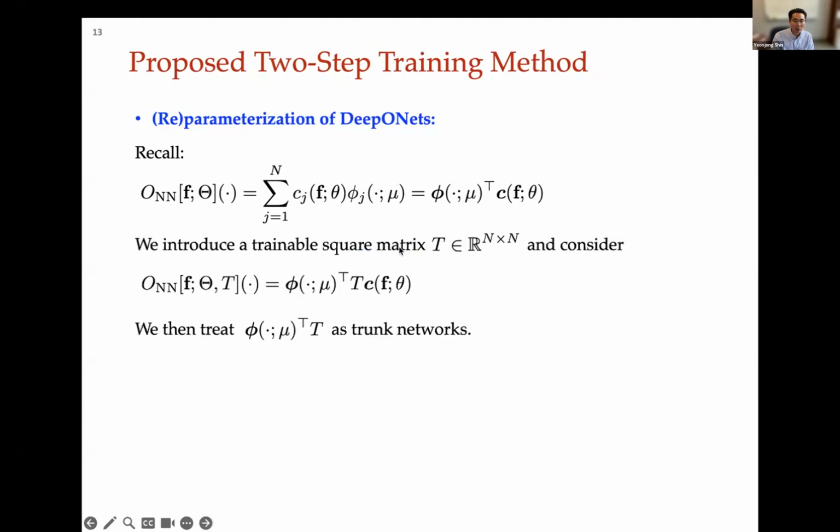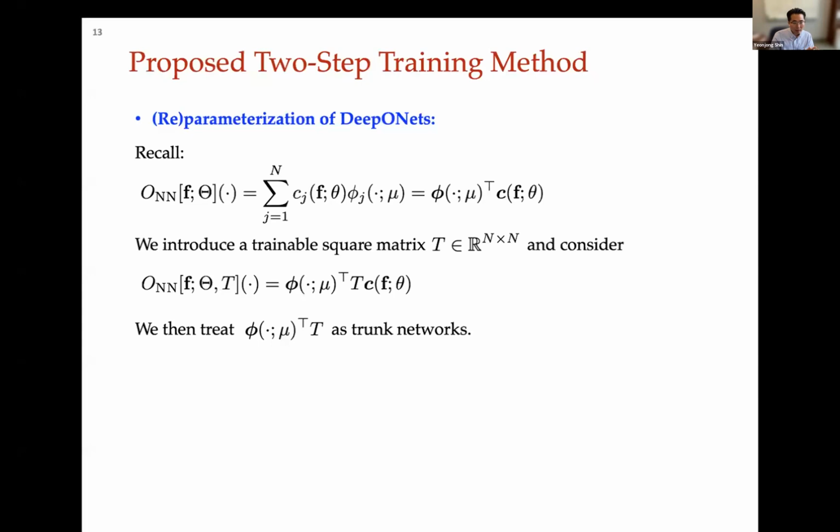This is the standard one, but the one we introduce is the following. We introduce a trainable square matrix, and we think about this neural network as follows: now T is multiplied in between, and we view it together with T as a new trunk network.